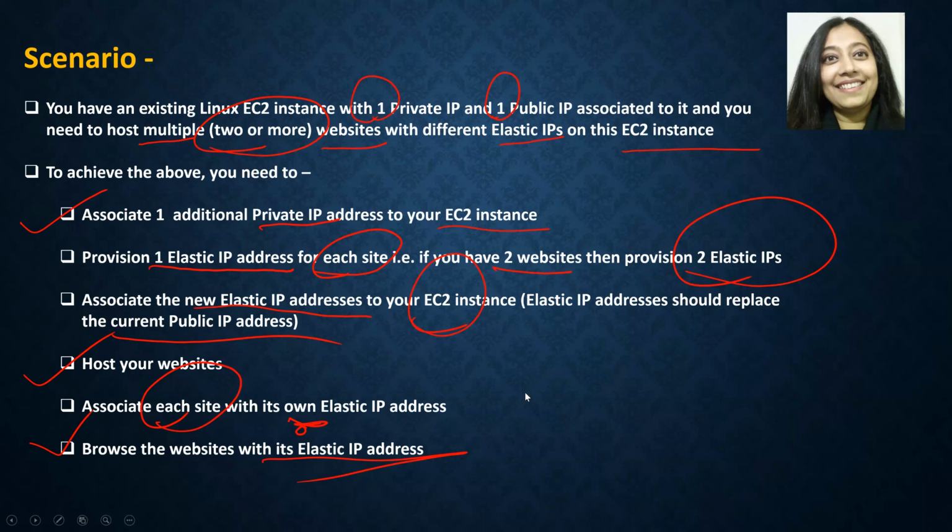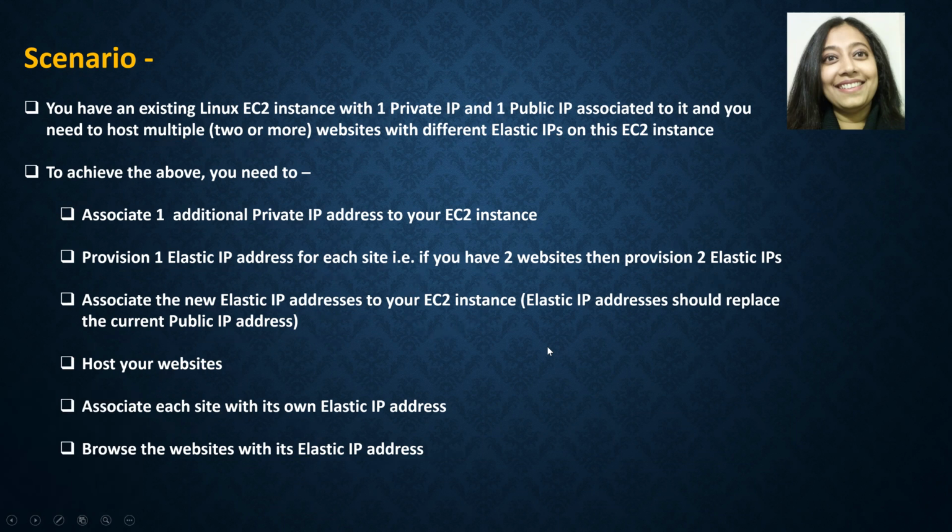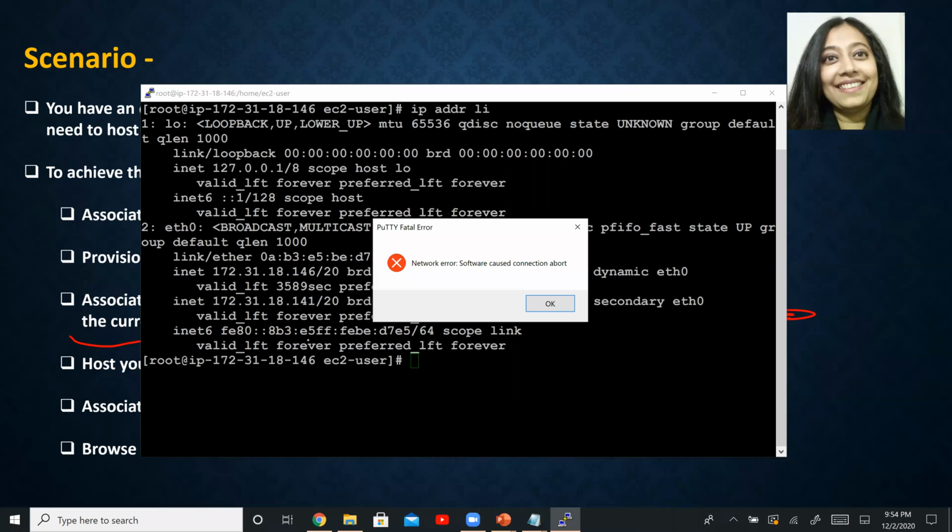Our intention was for the elastic IP addresses to replace the current public IP address. That means the public IP address that I had used to SSH into this EC2 instance is no longer valid. It has been replaced by an elastic IP address. That's why this error is coming.